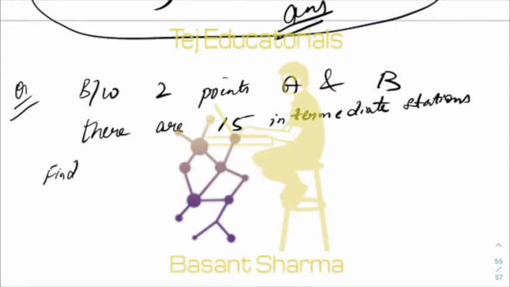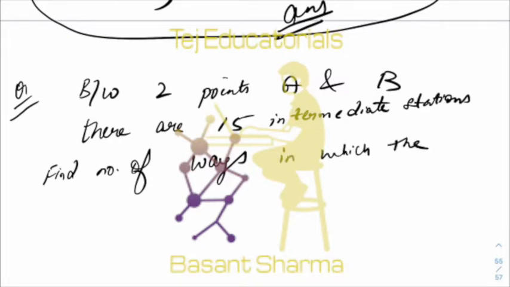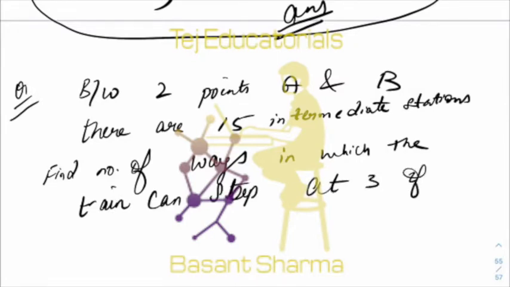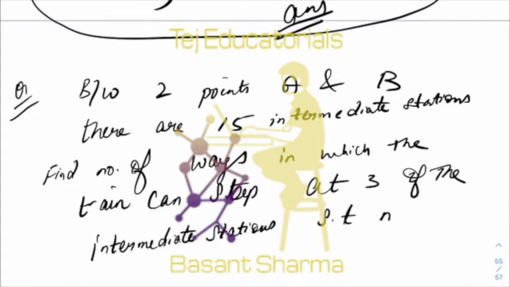Find the number of ways in which the train can stop at 3 of the intermediate stations such that no two stops are consecutive.